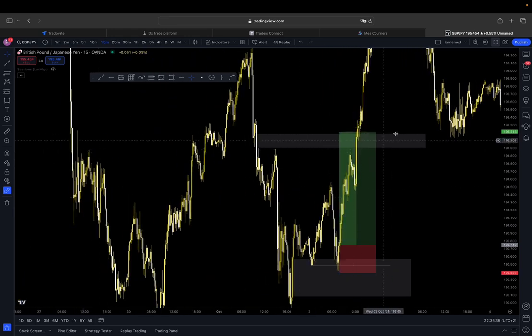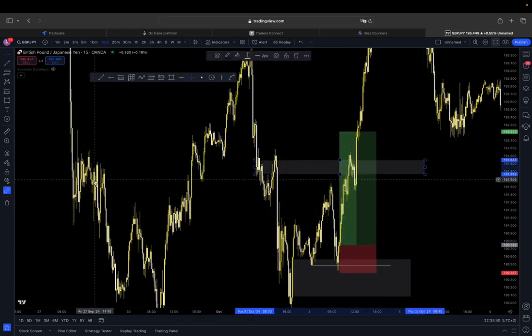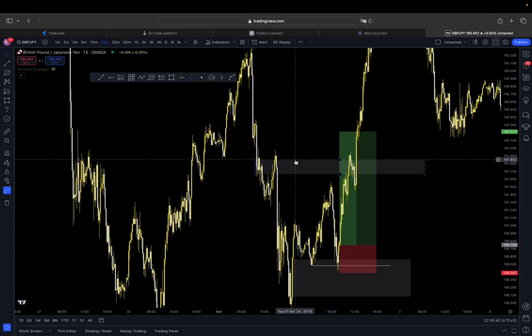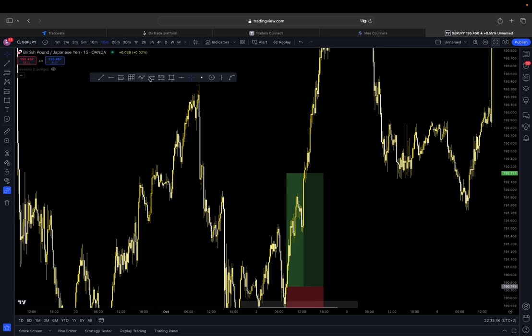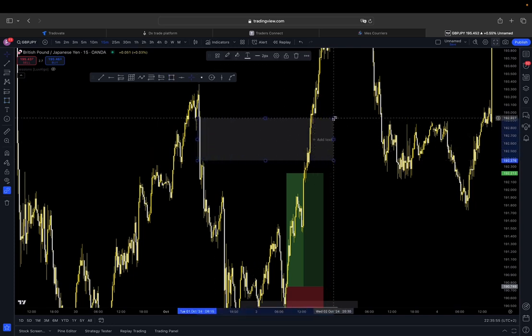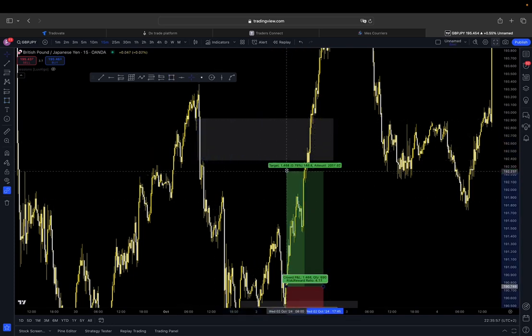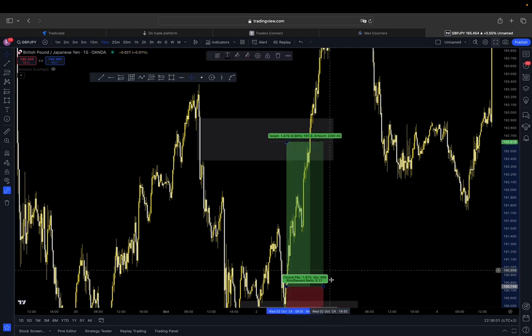Now, if you're trying to target this imbalance right here, because I taught you guys price chases what? Price chases liquidities and inefficiencies or imbalances. So if we try to make a 1 to 5, you're passing accounts like FTMO in just a trade.